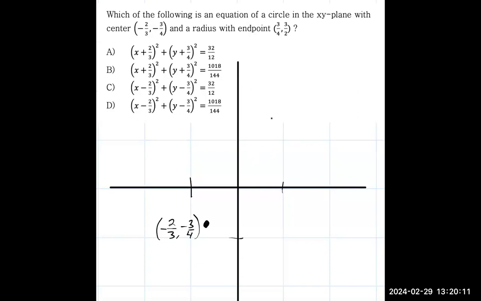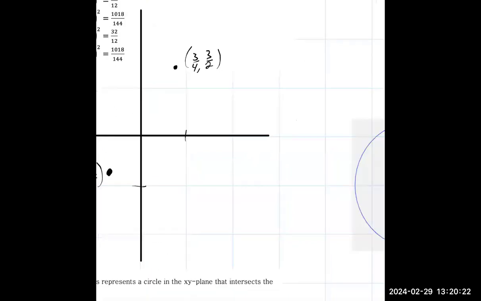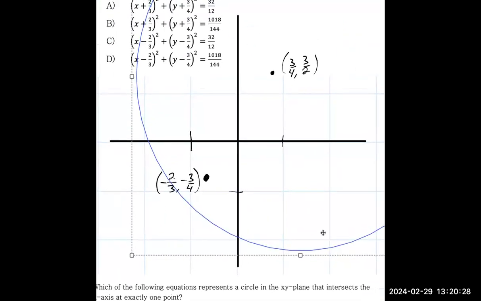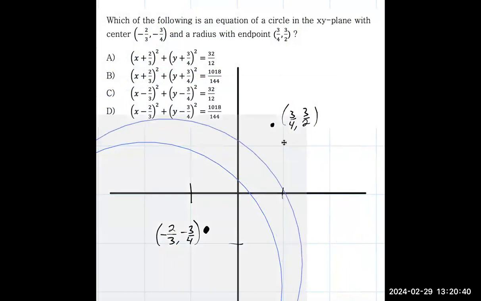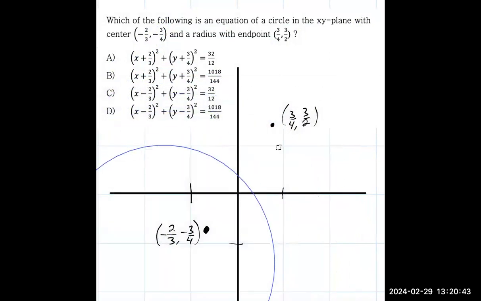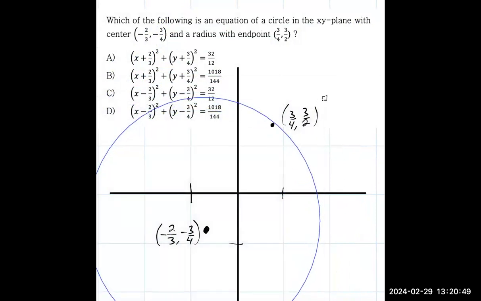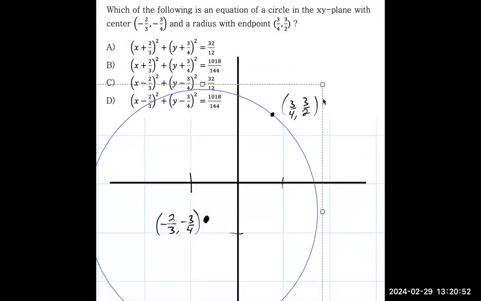So 3/4 and 3/2 we can imagine is around here. And so if we're imagining our circle, it looks something like that.